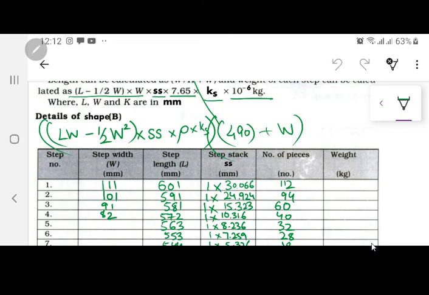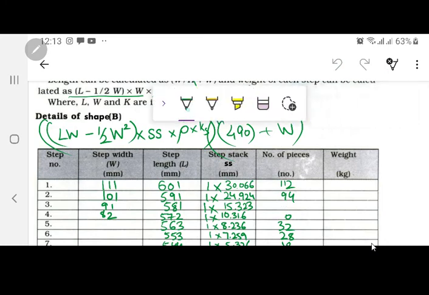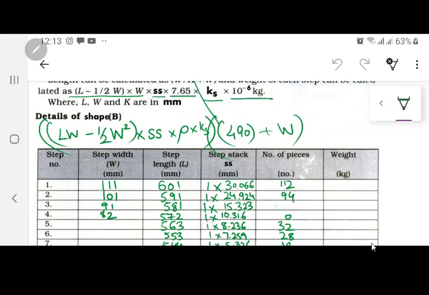What will come? 60 will not come. 60, 58. This is 40. Tell me the weight now.